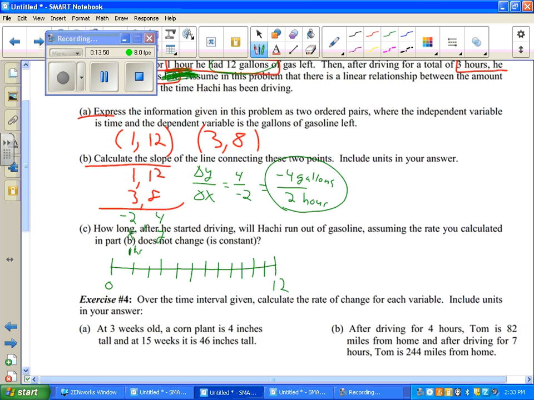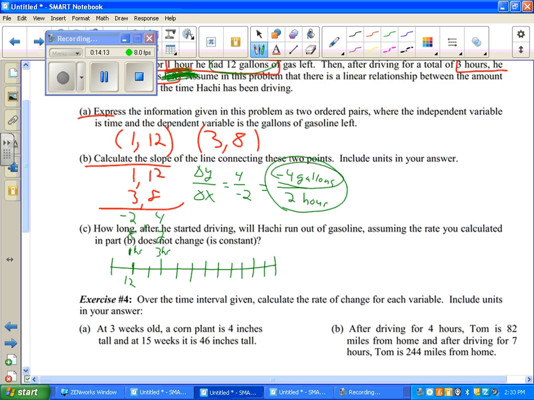But now he uses 4 gallons every 2 hours. So if this is 1 hour, at 3 hours, that's 2 more hours. So he lost 4 gallons. And I'm going to change this. I'm going to do this number line backwards. He had 12 gallons there.